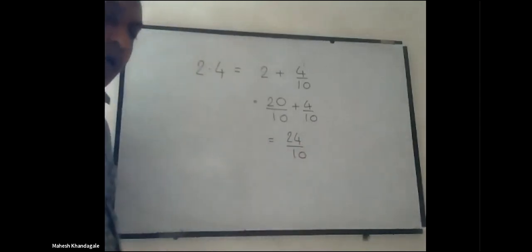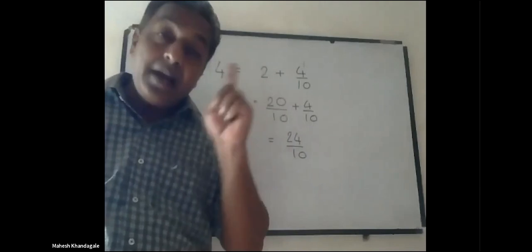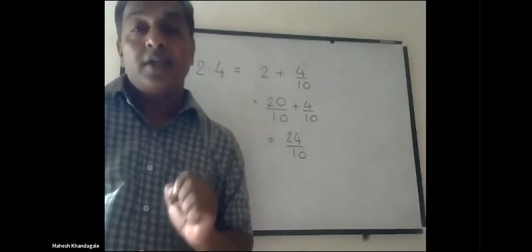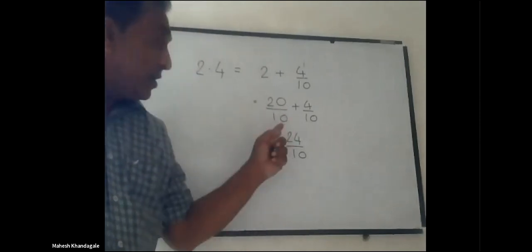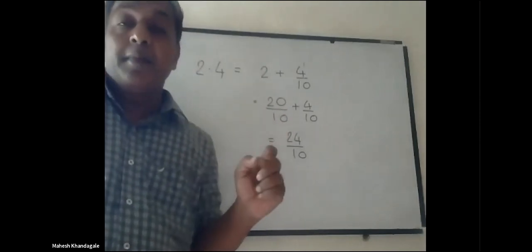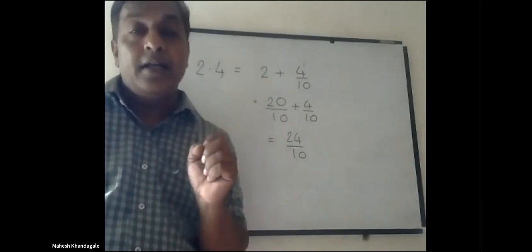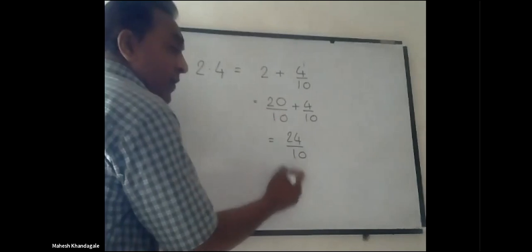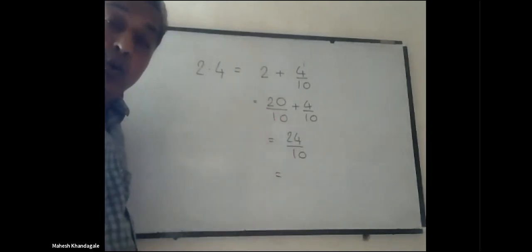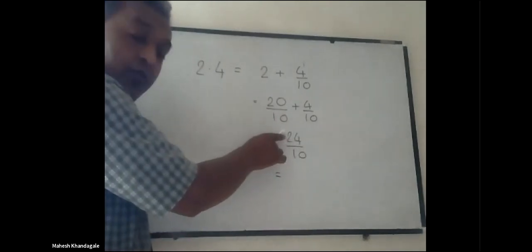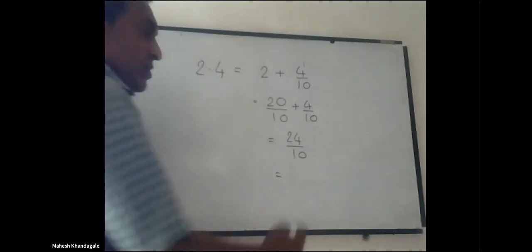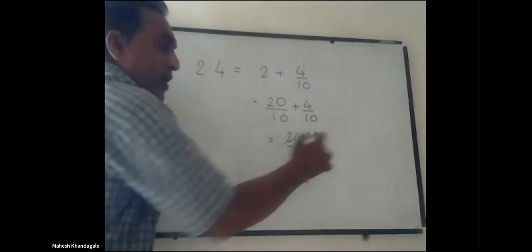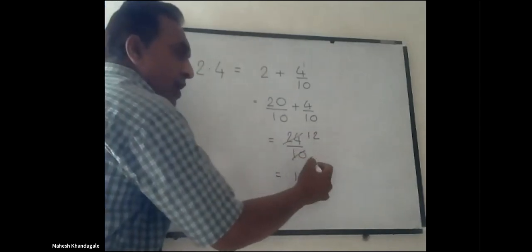Okay. Now, when we write fractions, we always write them in lowest form. Meaning, if there is a common factor in numerator and denominator, you have to cancel. Correct? So what common factor do you see here? 2. Both numerator as well as denominator are divisible by 2. So when we divide by 2, 2 into 12 is 24. 2 into 5 is 10.